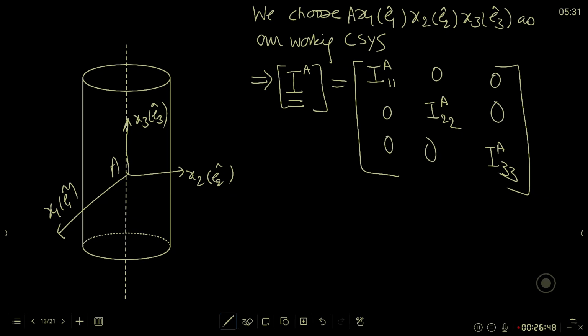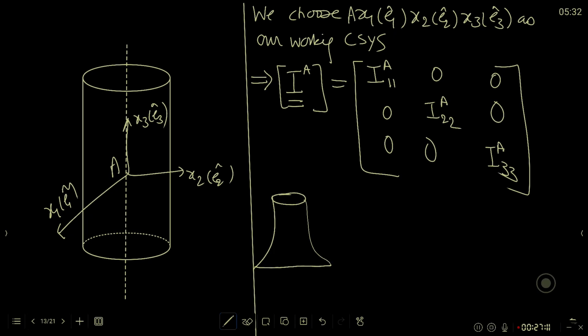I have shown this simplification for a cylinder but the same arguments will follow for any body of revolution. You consider a body of revolution like this, like a lampshade, and then you have an axis like this, and the point about which you want to find the angular momentum is on the axis.